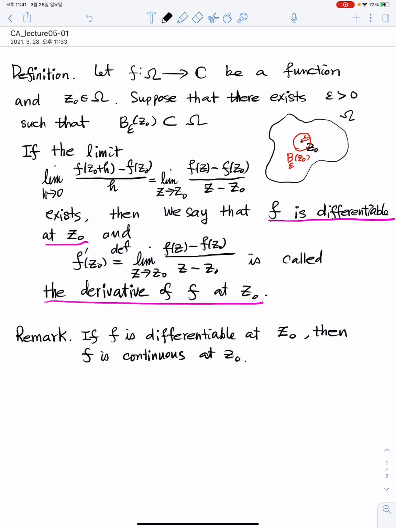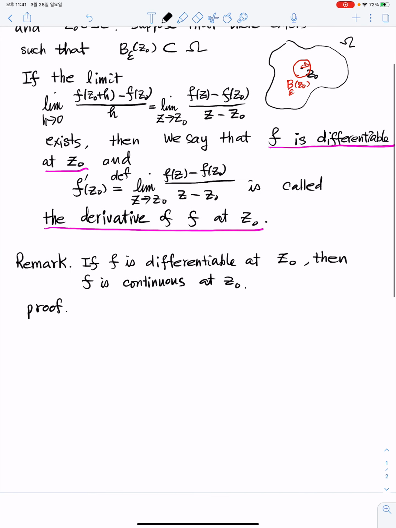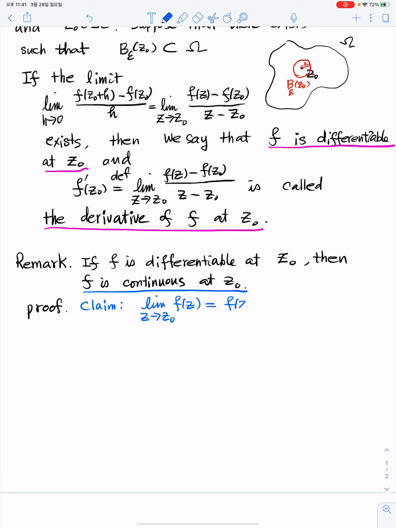Okay, so proof is following. So proof is not difficult. So our claim, so when you want to prove this f is continuous at z0, you need to prove the following one. So limit z approaches z0, f of z has to be f of z0. So that is the goal we need to reach. Okay, so let me look at this one.